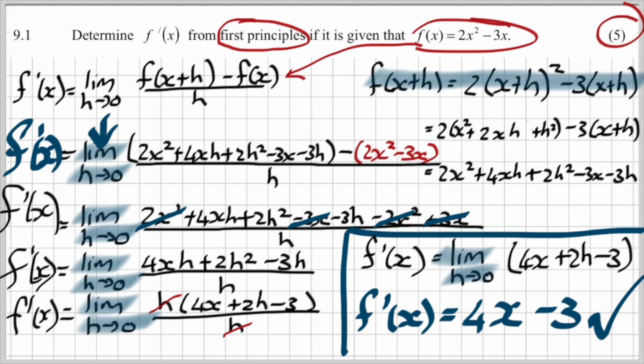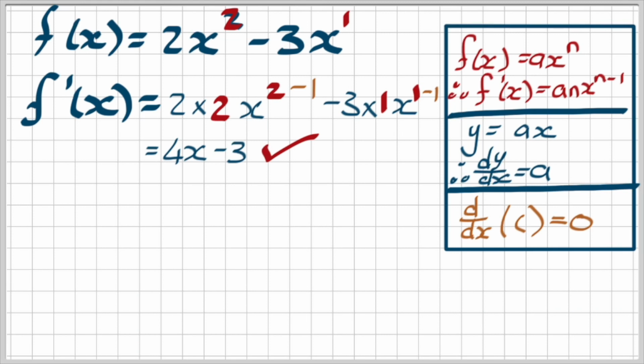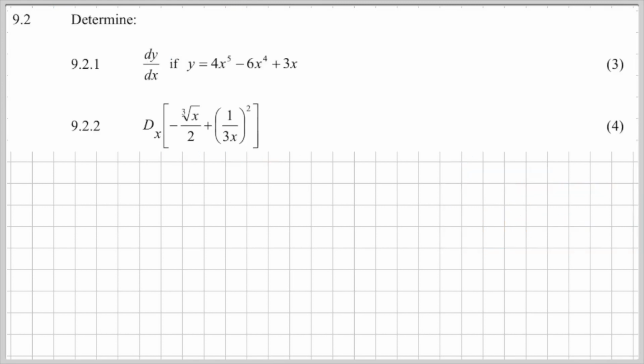So I know that my answer is correct. Ladies and gentlemen, I always like to do this as a test to see whether my answers for first principle derivatives are right. Let's have a look now at question 9.2.